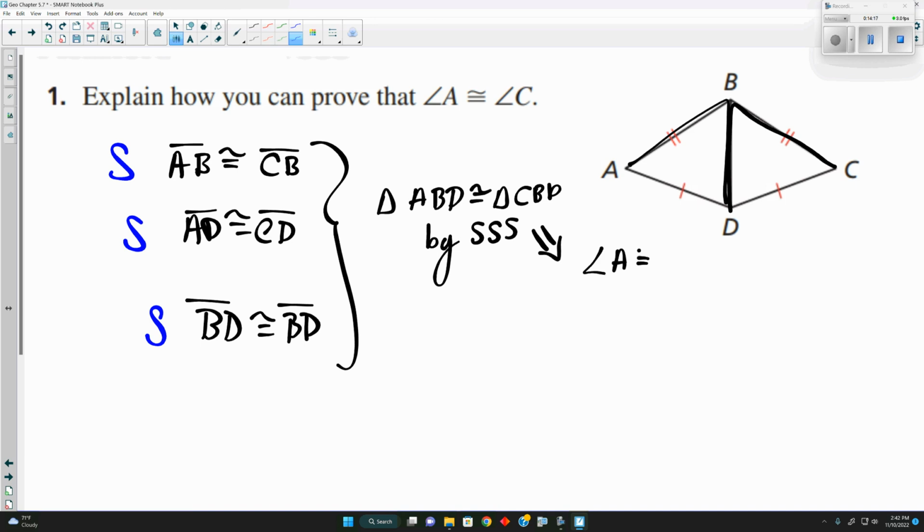Angle A is congruent to angle C by what? CPCTC. Corresponding parts of congruent triangles are congruent. At least we don't have to write that all the way out. Questions on this here?